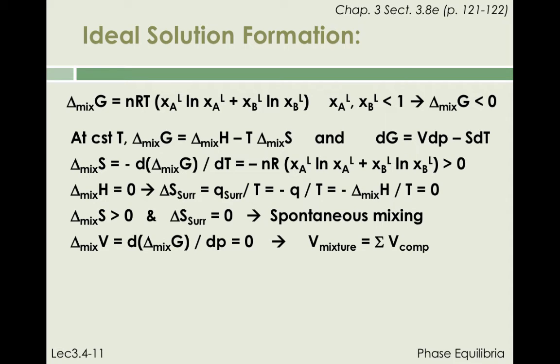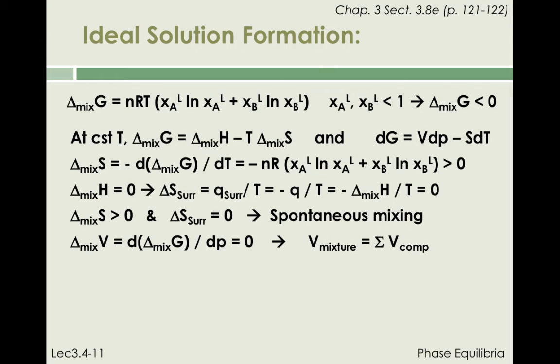Since no terms in the expression of delta mixing G depend on pressure, we conclude that this latter derivative is equal to 0. Hence, there is no change in volume upon mixing.